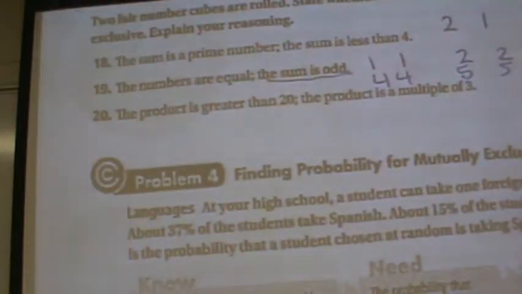Can you give me the product greater than 20 and the product is a multiple of 3? Can you find two numbers on a cube that their product is greater than 20, but their product is also a multiple of 3? 6 and 4. That's the one I thought of, 6 and 4.